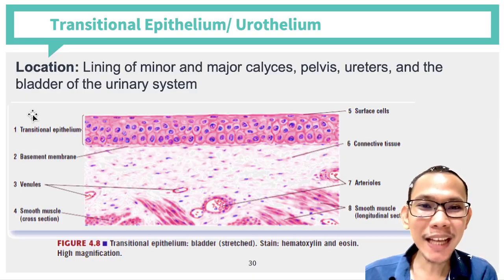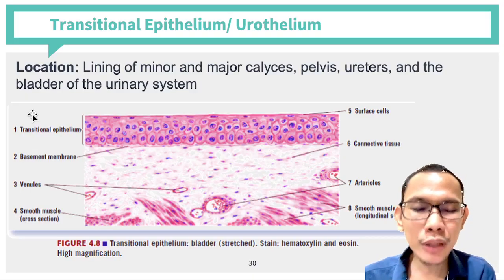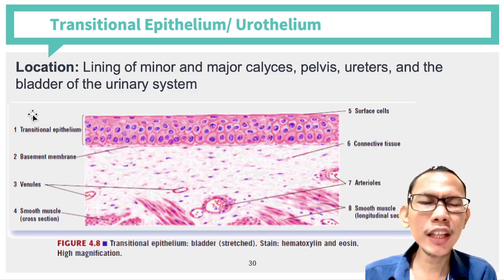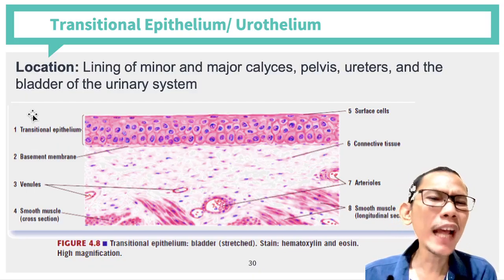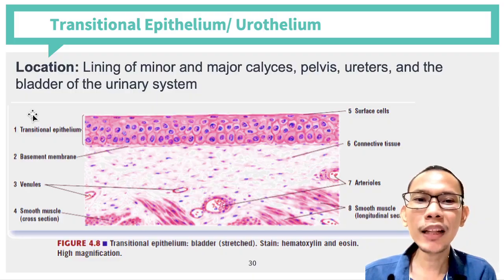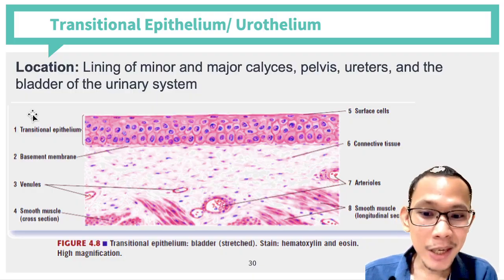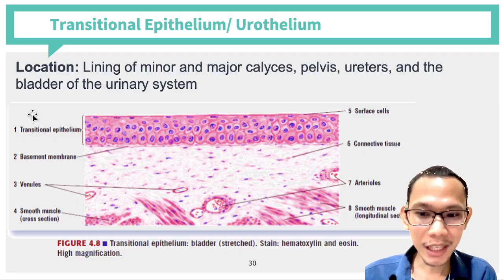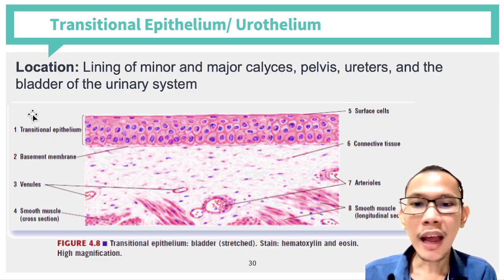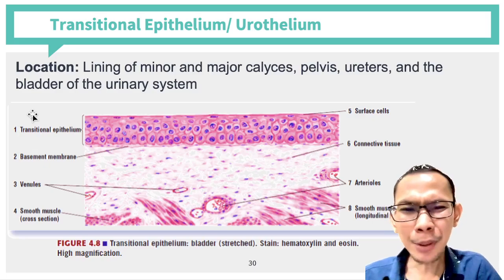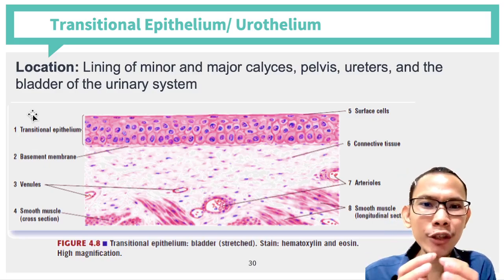Okay? Urinary bladder. Automatically, when I say urinary bladder, what's the lining epithelium of your urinary bladder? Your answer must be transitional epithelium or your urothelium. Okay? Automatically transitional epithelium. Again, this is a specialized type of epithelium. Why is it special? Remember your urinary bladder? What happens in the urinary bladder?